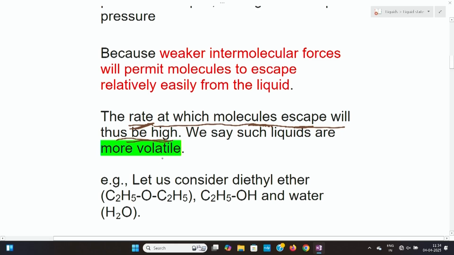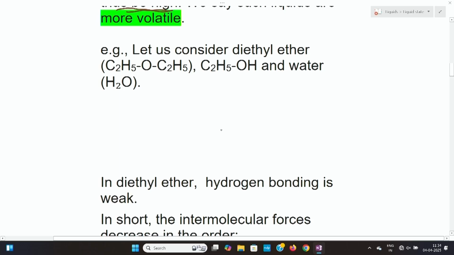Some liquids are very easy to escape from the liquid state to vapor state. Here we have an example of diethyl ether, ethanol and water. In the case of water, there is hydrogen bonding between the oxygen and the hydrogen of another water molecule.